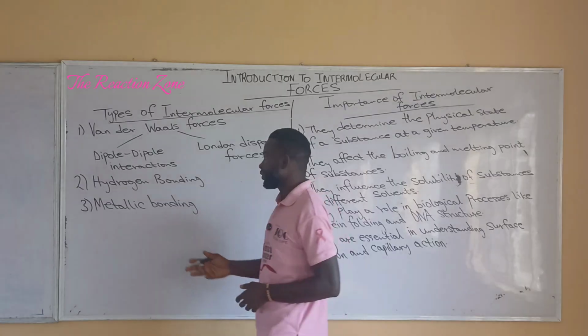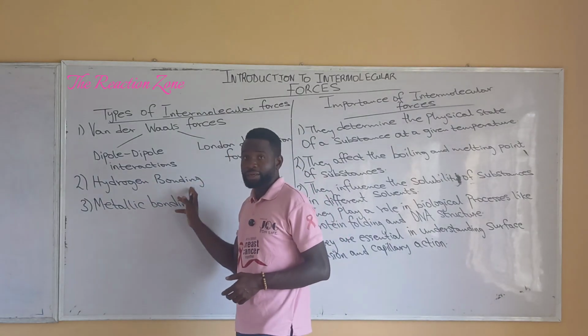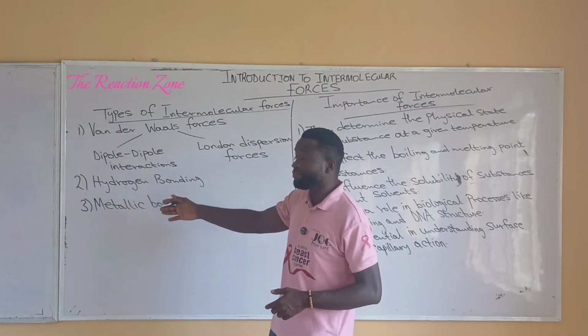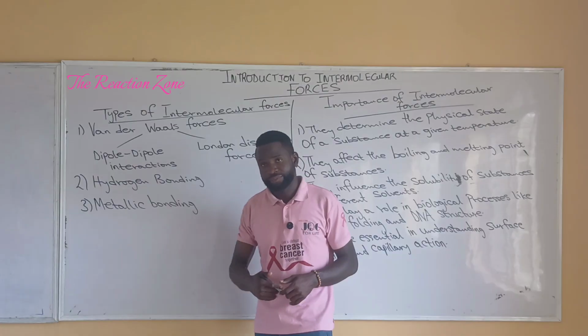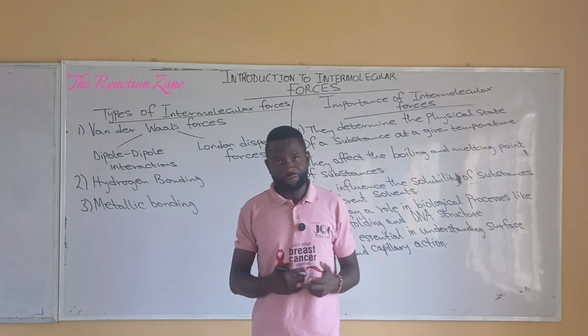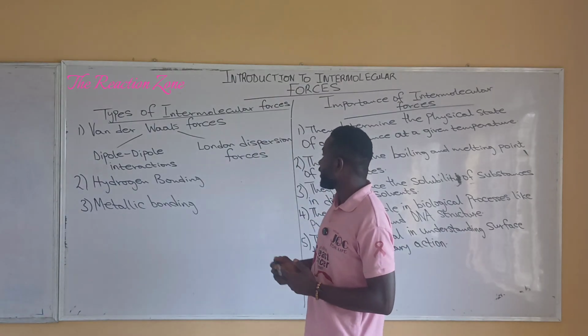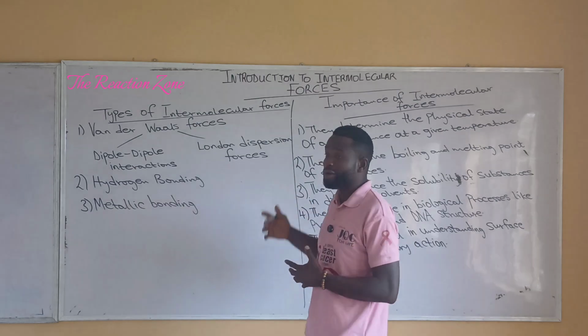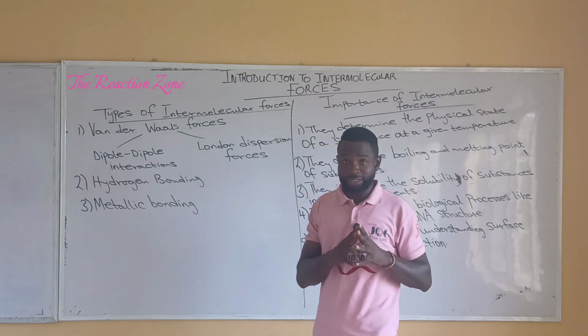And then the second one is hydrogen bonding, and the third is metallic bonding. In subsequent videos, we're going to be looking at each of these types of intermolecular forces in more detail.